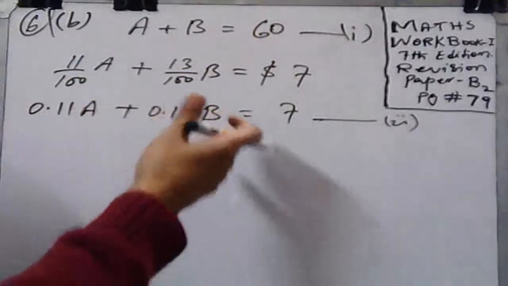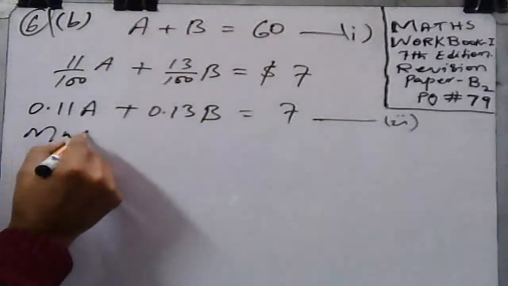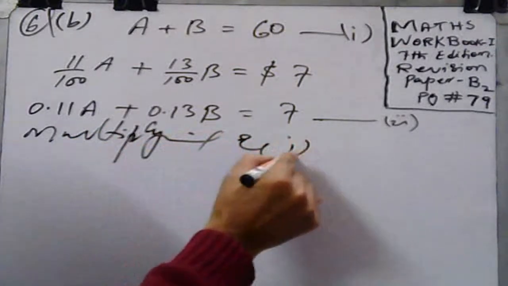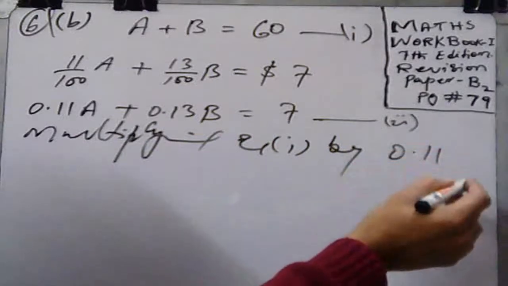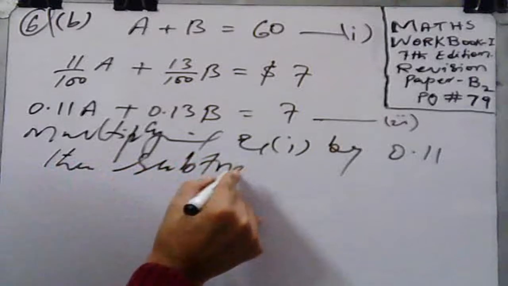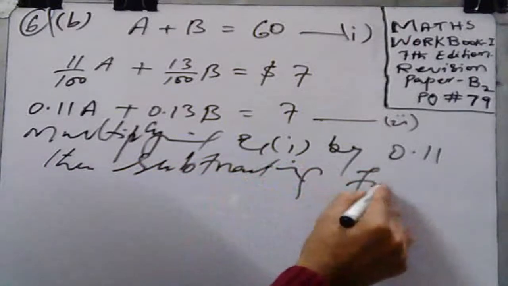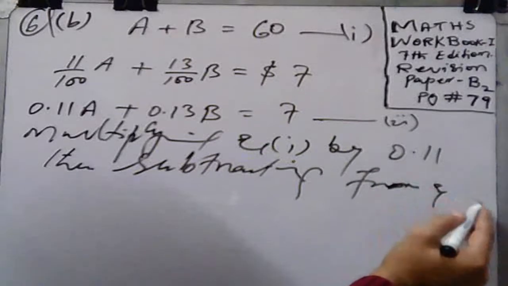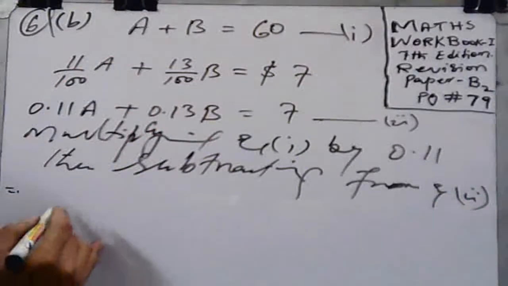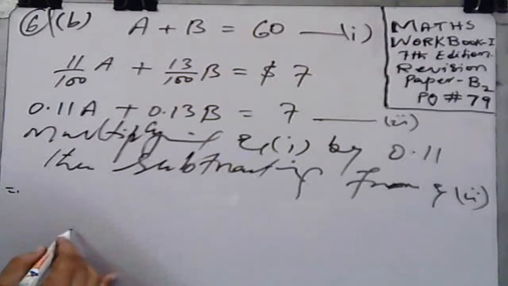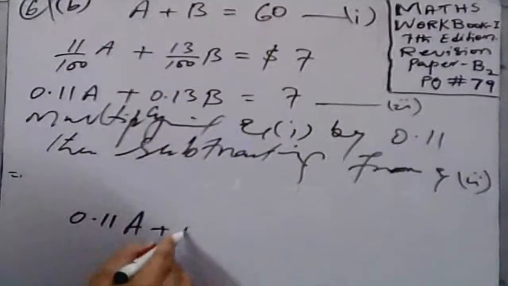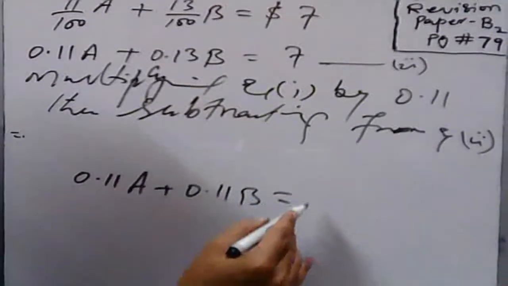So this is the case. Multiplying equation 1 by 0.11 and then subtracting from equation 2. After multiplication you will get 0.11a plus 0.11b, and 60 will be multiplied with 0.11.